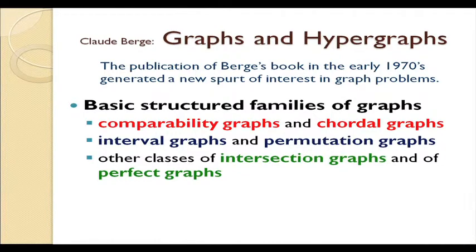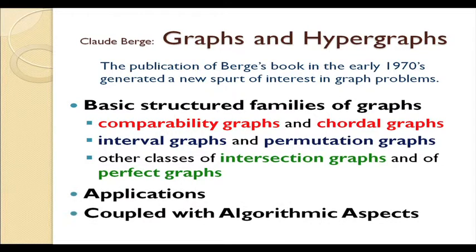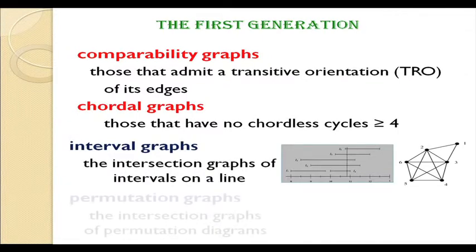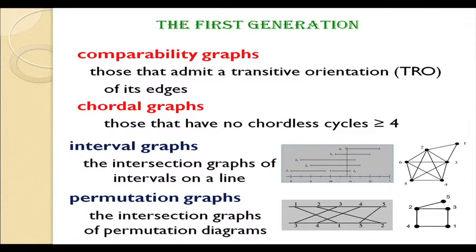And in that book, you have comparability graphs, chordal graphs, interval graphs, and some other intersection graphs. So in that first generation, you might say, these were the classes of fundamental interest, which we studied at the beginning of the course.